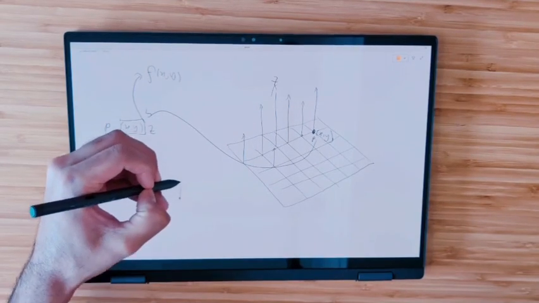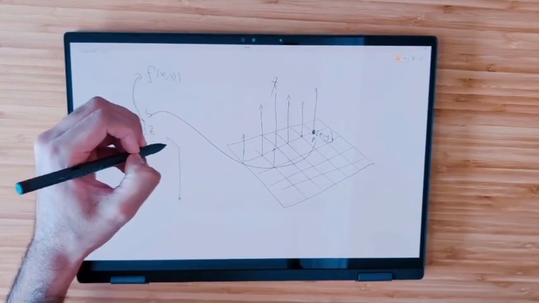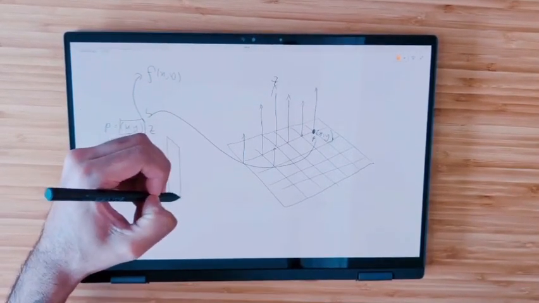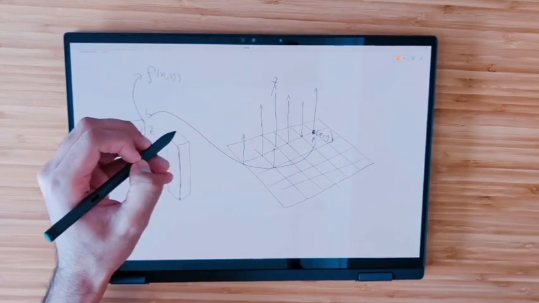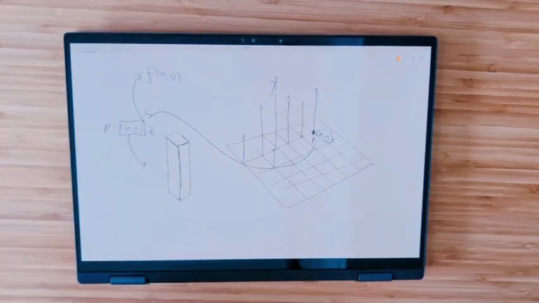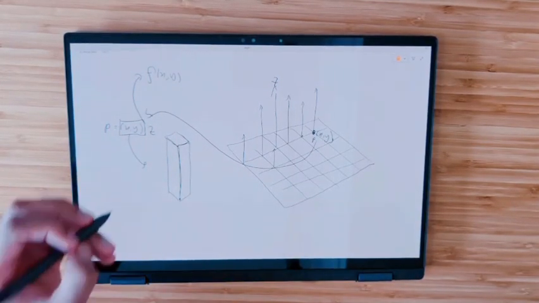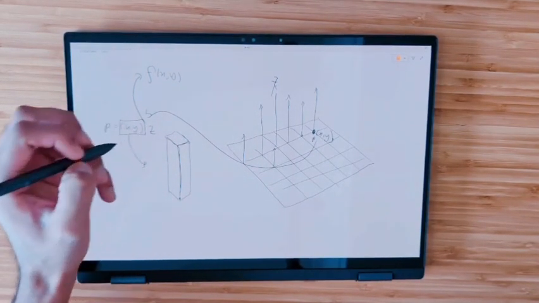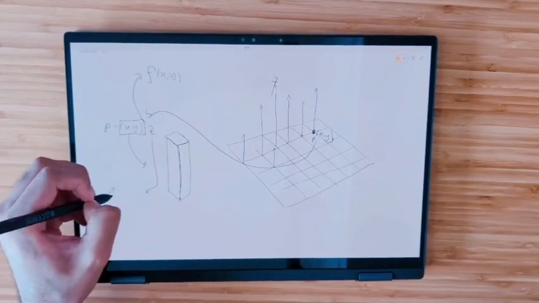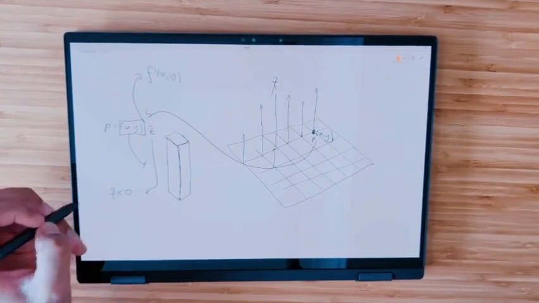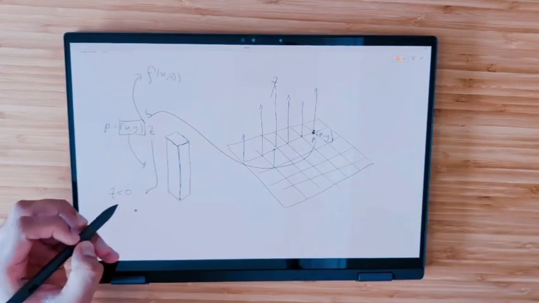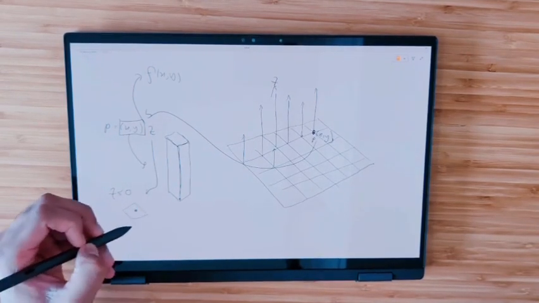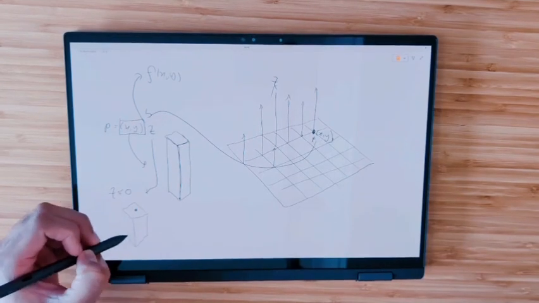It would draw a parallelogram that looked like this, and then another one that looked like this, and then a diamond at the top. So you get this cuboid. Now, if z was negative, we would do the same, but start with the diamond, and then have two parallelograms below.